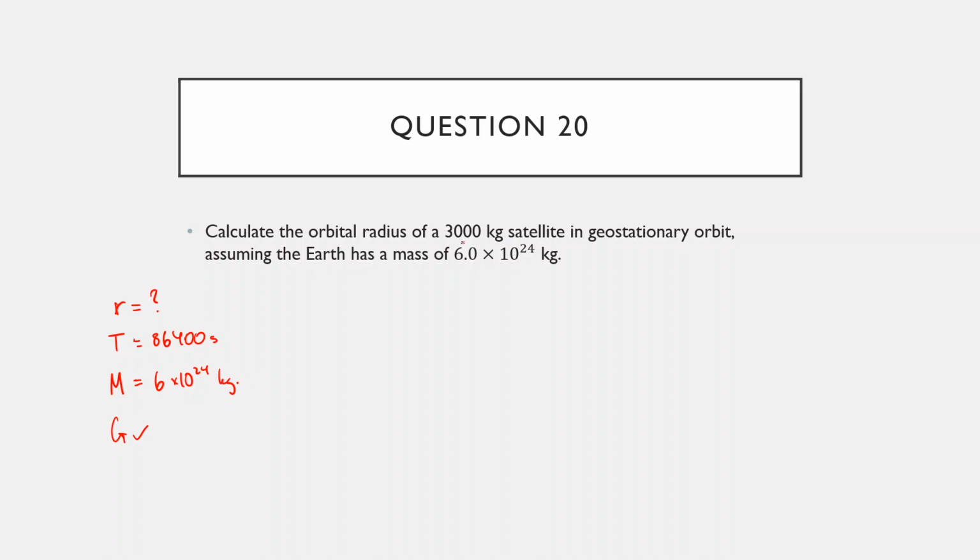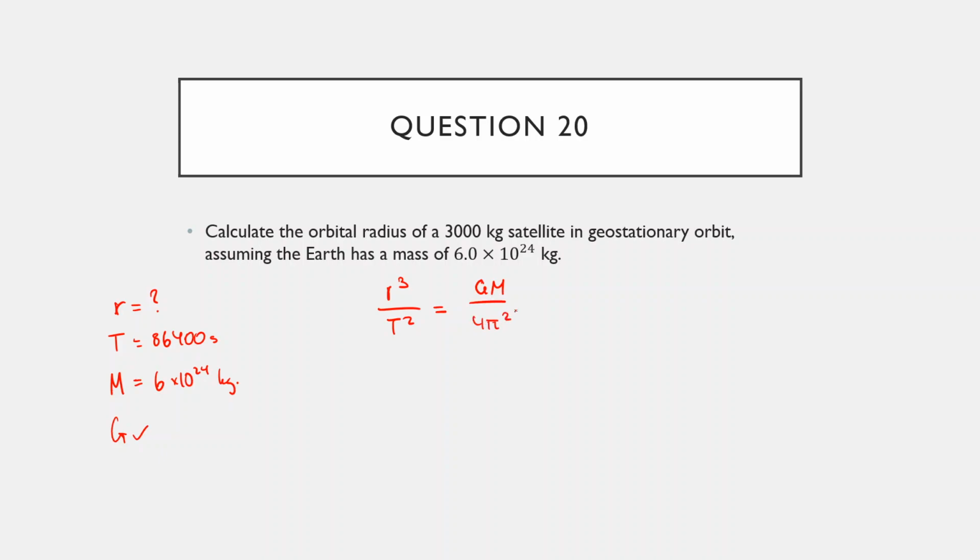We don't really have any other information. We've got the mass of the satellite, but as we know, that makes no difference unless you're trying to work out the force between the Earth and the satellite. So we don't need it for anything else. How do we relate these four things together? We could use our handy r cubed over T squared equals GM over 4 pi squared.